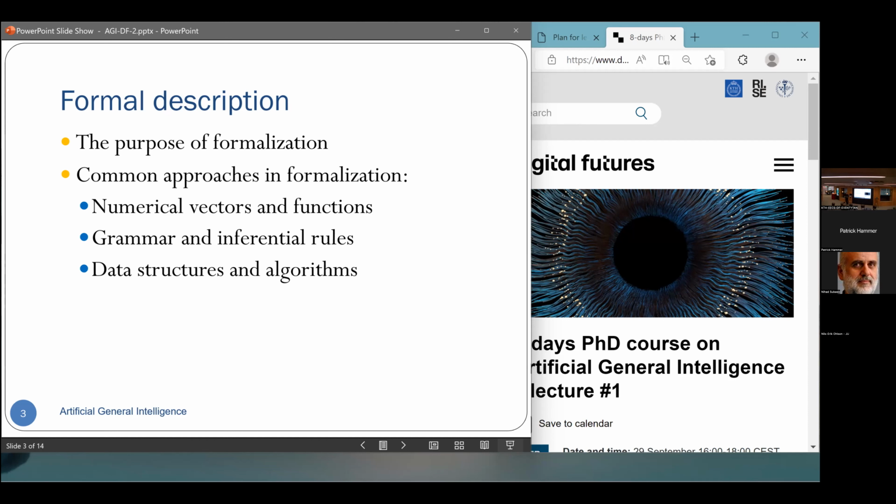Then any change in that object corresponds to some kind of function which describes how that point moves in that multidimensional space, and also the functions that map one space to another. That's how we usually describe a neural network and many other similar systems.